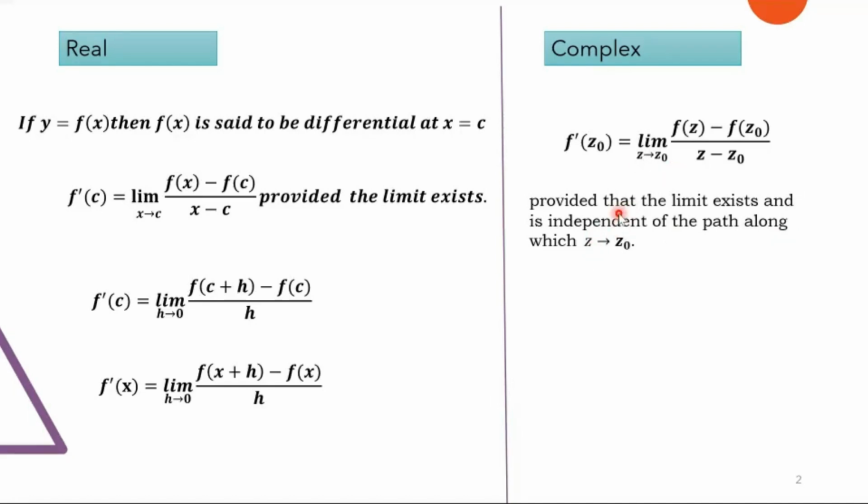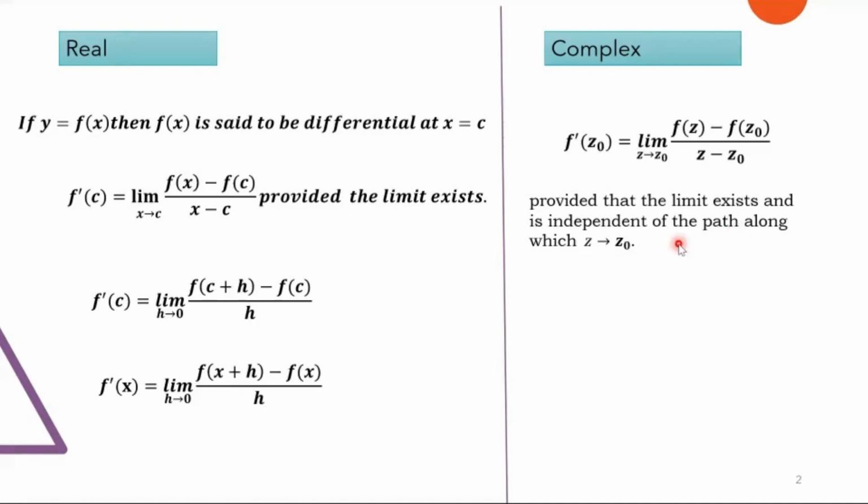So remember this part. f dash of z is differentiable at z naught. जैसे यहाँ पे c है वैसे यहाँ पे z naught. Okay, z naught is the point at which the function is differentiable. Okay, तो ये हमको याद रखना है कि it is independent of the path along which z tends to z naught.